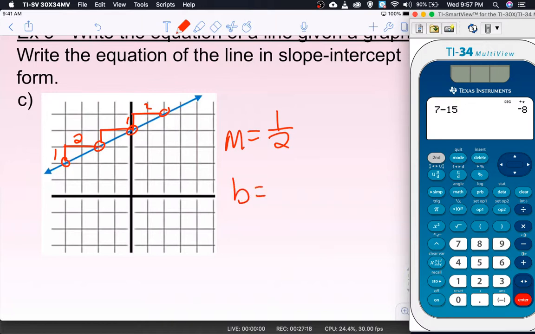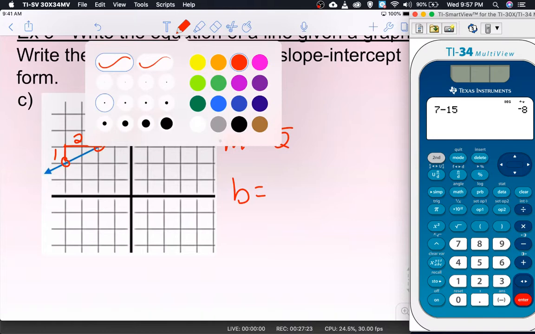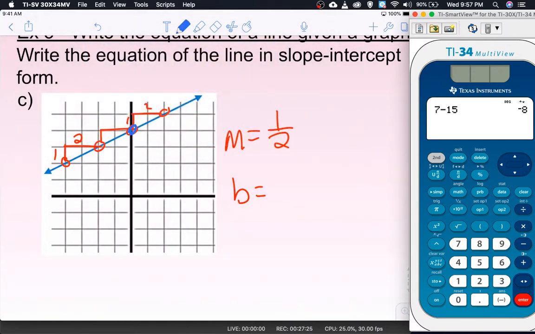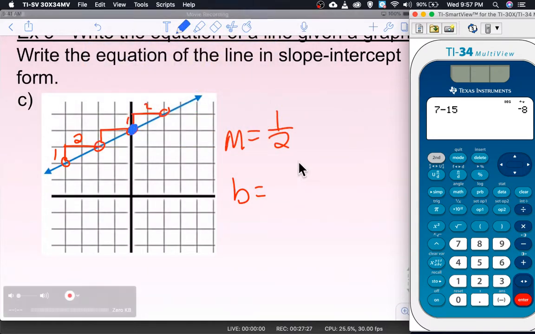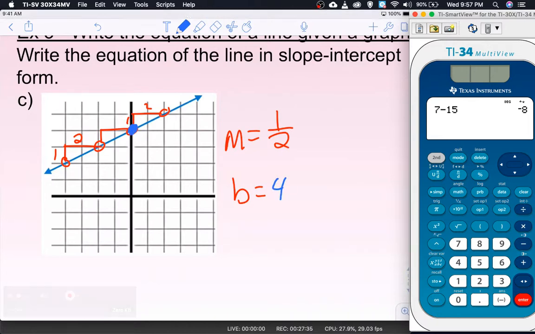My y-intercept, my b value, is going to be right here, this point. That's where my line crosses the y-axis. 0, 1, 2, 3, 4. So that makes the equation of my line y equals 1/2 x plus 4.